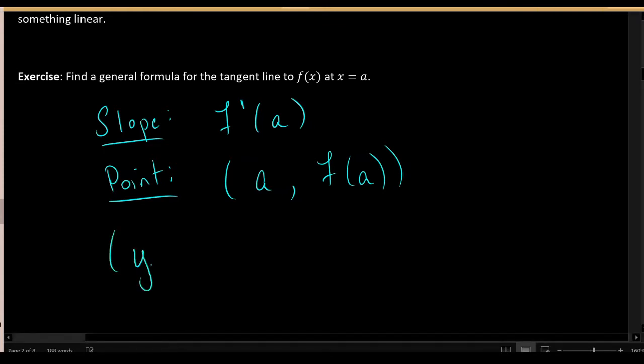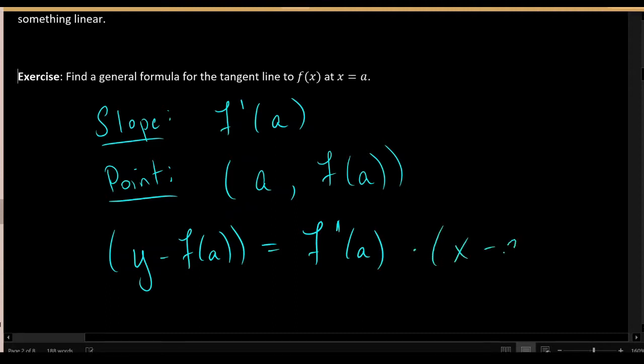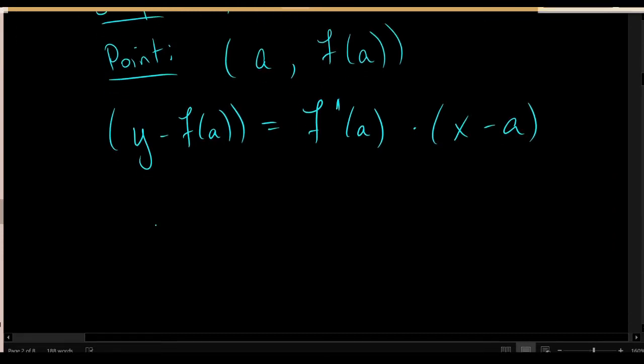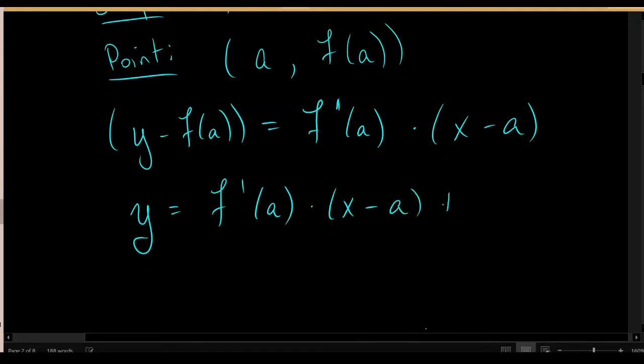It would be y minus the y of the given point equals the slope, f prime at a, times x minus a, x minus the x of the given point. Or if you prefer, sometimes we wrote this as f prime of a times x minus a plus f of a.